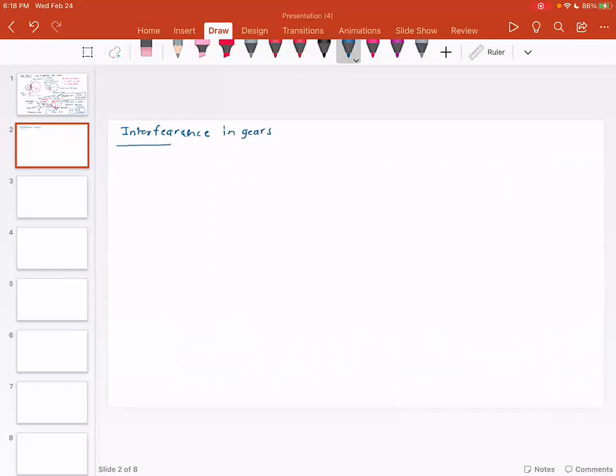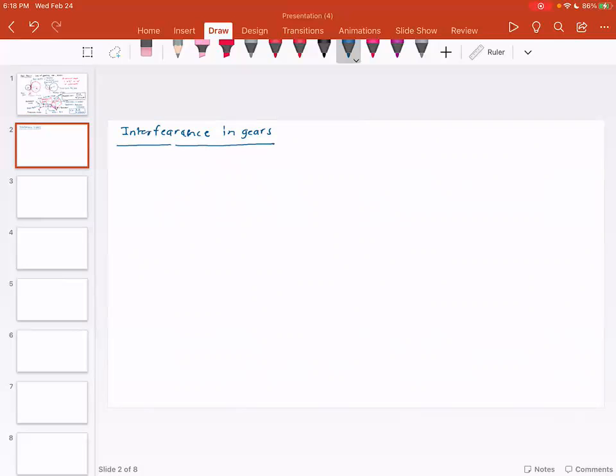Now, please understand that if you have very few number of teeth, then what may happen is some teeth may not engage properly with the mating gear. So if you have a gear profile, there are restrictions on the minimum number of teeth that you should have.